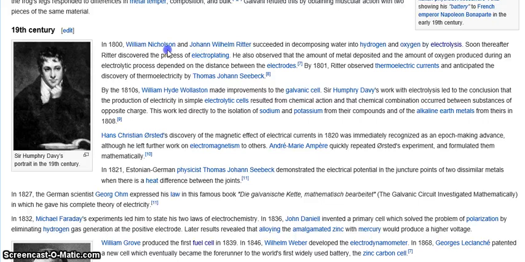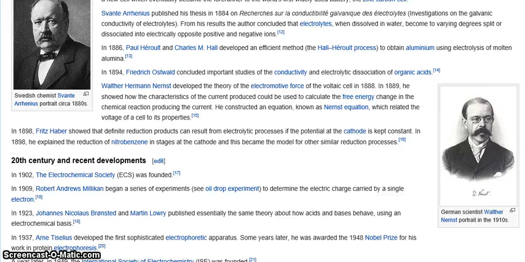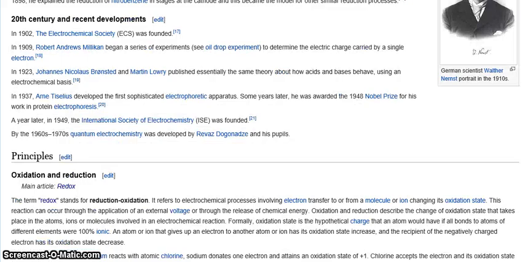People like William Nicholson and Johann Wilhelm Ritter and Thomas Johann Seebeck, George Ohm. These are important people. These are the people you should be researching. Walter Nernst. I can't pronounce his name.